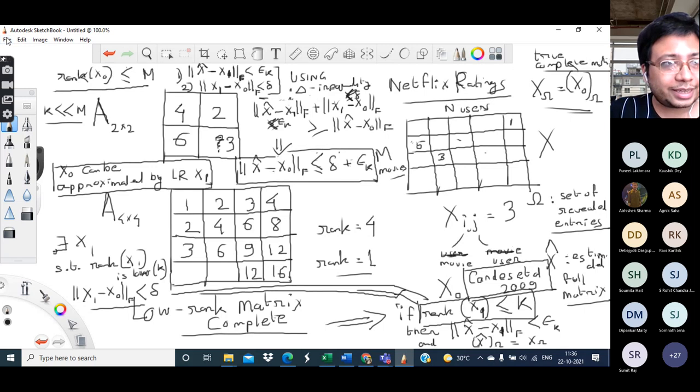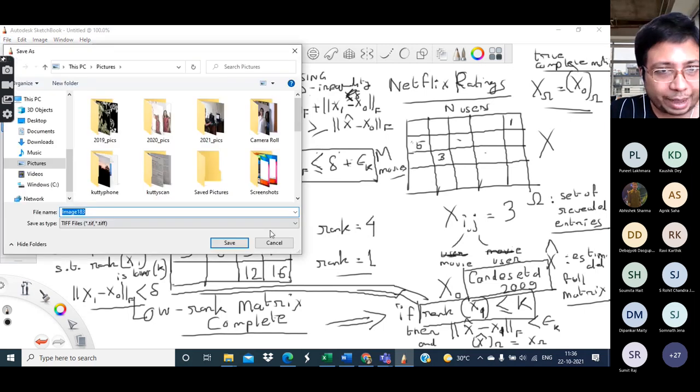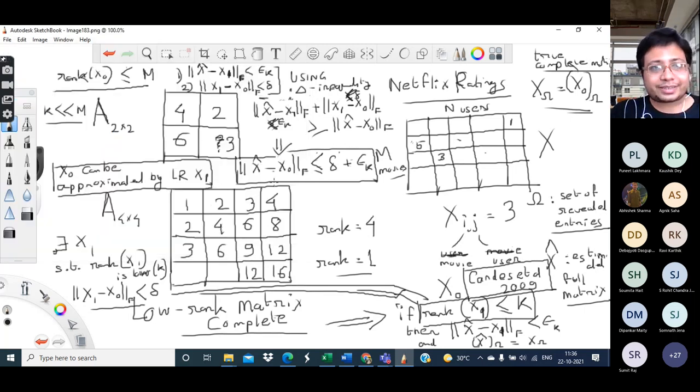But the most important concept here is this low rank approximation. Why is that important? Because not many matrices are actually low rank, but it may be possible to approximate them quite well by a low rank matrix, right? We discussed an example of this just now.